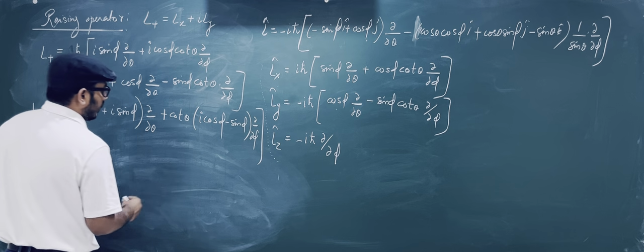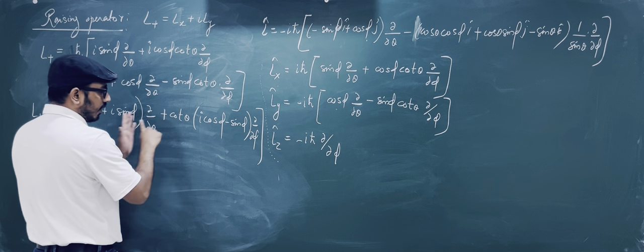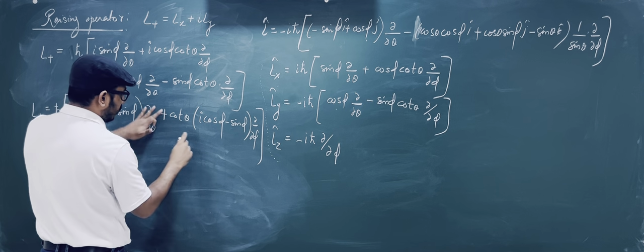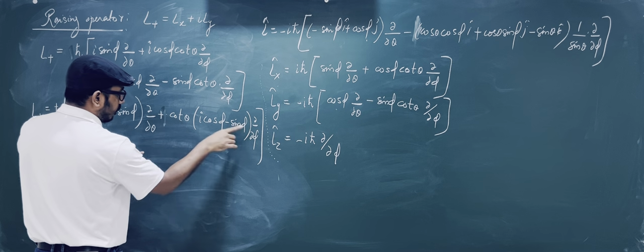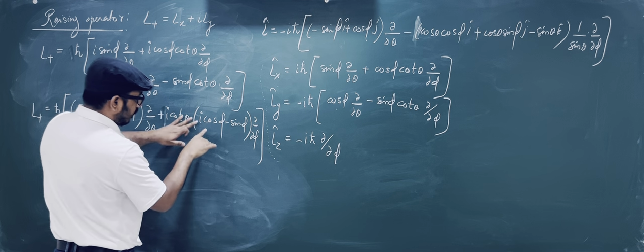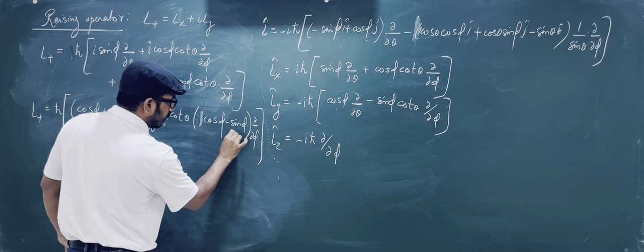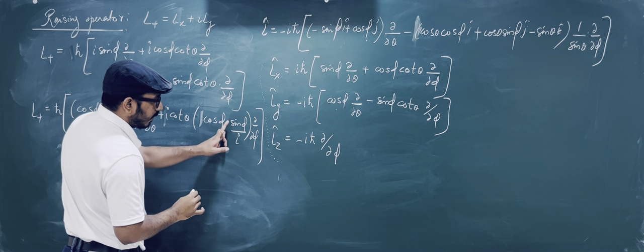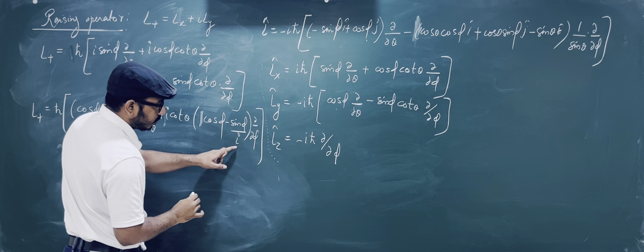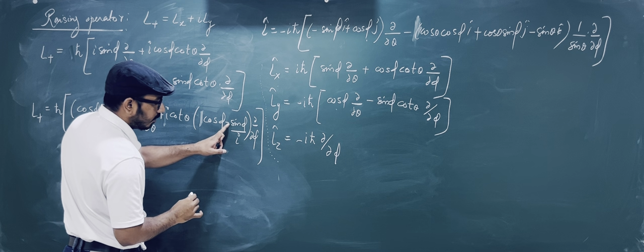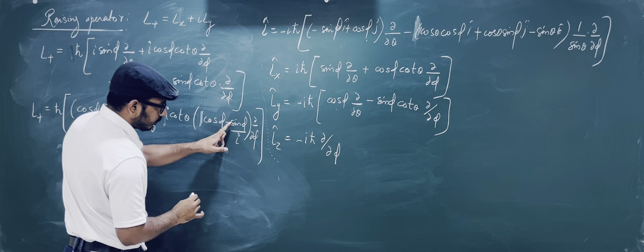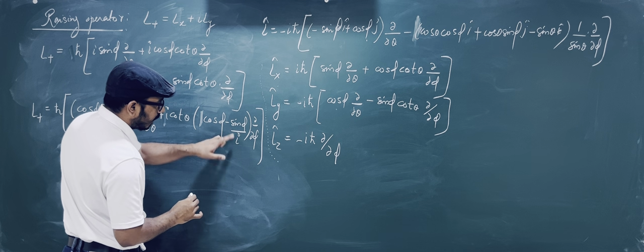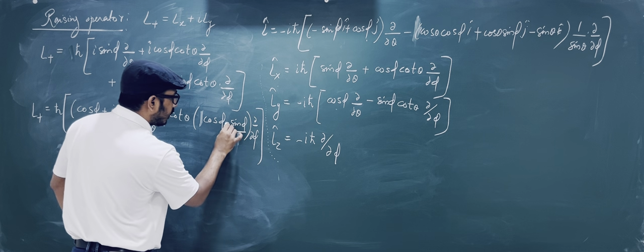So we can do something here. We can take the i out of this equation. So if I take i out of this, I can multiply and divide by i. So this will be i squared, and there will be an i with sin phi. So i squared is minus 1, so minus minus is plus 1.